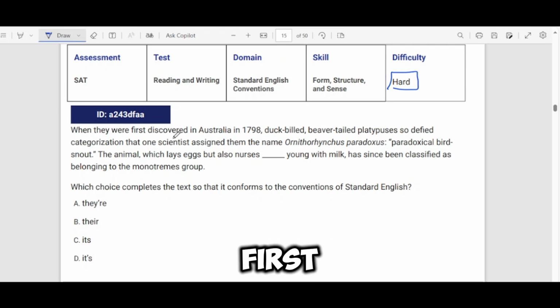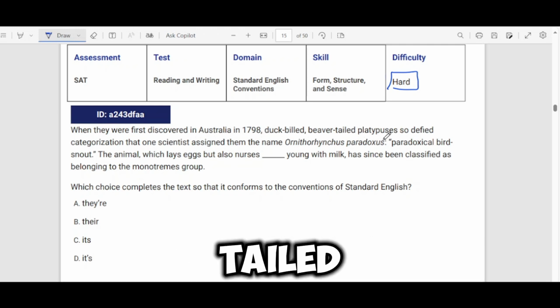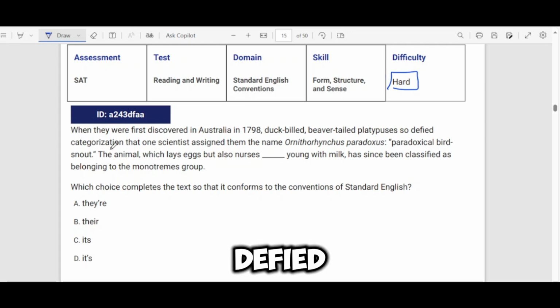So, when they were first discovered in Australia in 1798, duck-billed, beaver-tailed platypuses so defied categorization that one scientist assigned them the name Orni. Let's not even read this name because we don't need to. It'll waste time. Paradoxical bird snout, the animal which lays eggs. They told us here that the animal.